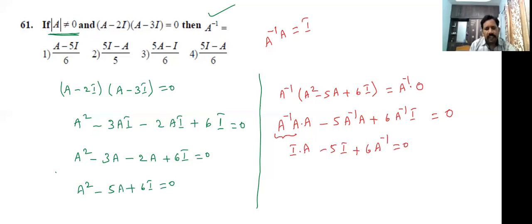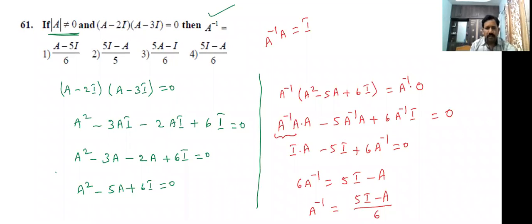Here we need A inverse. That's why the remaining terms we send to the right hand side. 6A inverse is equal to minus A plus 5I. So finally, A inverse is equal to (5I minus A) divided by 6.